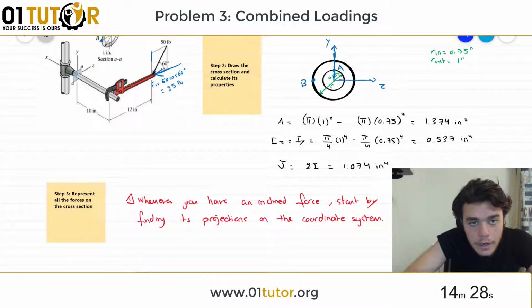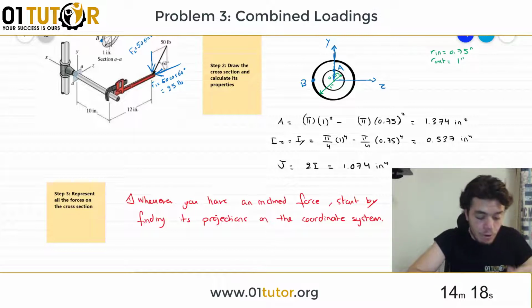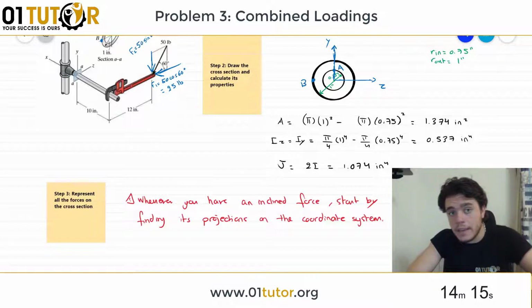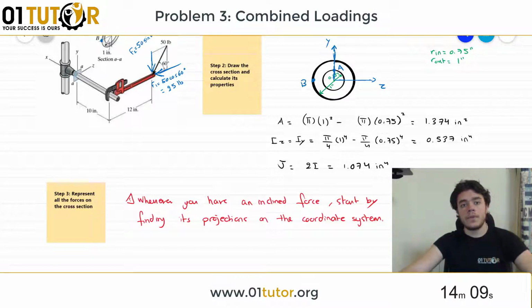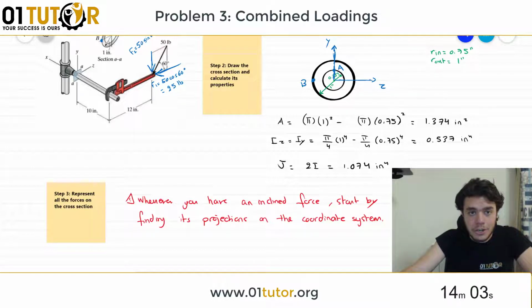And if you find the vertical projection of this, it's gonna be 50 sine 60, because we're getting away from the angle. So let's call this F2. So 50 sine 60. Whenever you go away from the angle, it's sine. Whenever you approach the angle, it's cosine. So it is 43.3 pounds. So as if I removed the inclined 50 pounds and replaced it with the vertical projection and the horizontal projection.